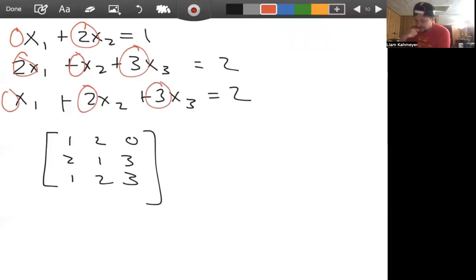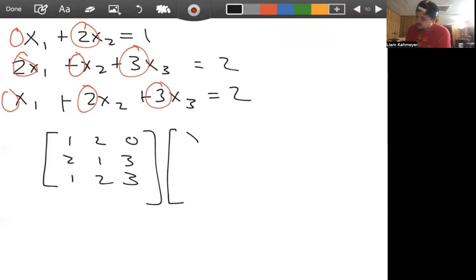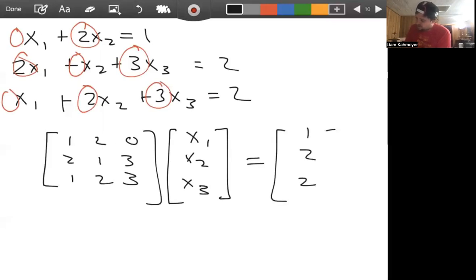The first column of the matrix is all the x1 coefficients, so 1, 2, 1. For x2, it's 2, 1, 2. And for x3, it's 0, 3, 3. Times the solution vector x1, x2, x3, and this equals 1, 2, 2. This is how we would represent the system as a product of matrices.